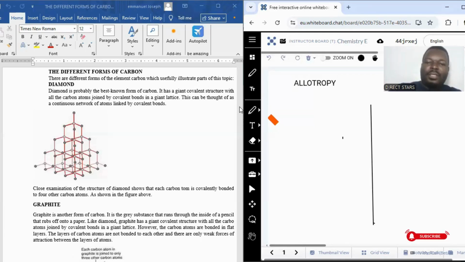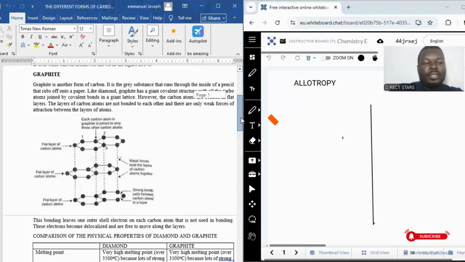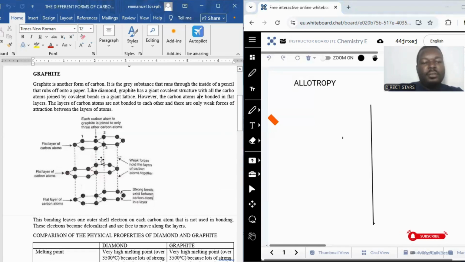It's arranged in sheets that are held by these bonds, you can see different sheets denoted by the dotted lines. And if you hold one carbon here, you would notice that each carbon is joined by 3 other atoms, not 4, unlike diamond that's bonded to 4. For graphite, we have just 3.